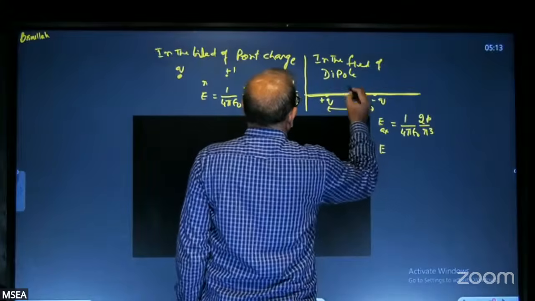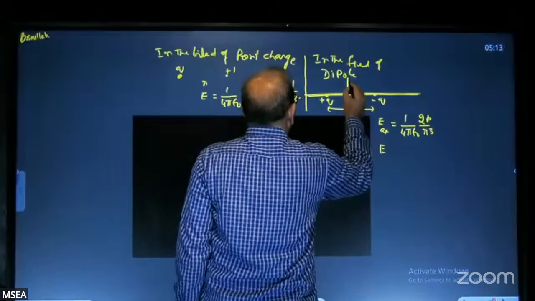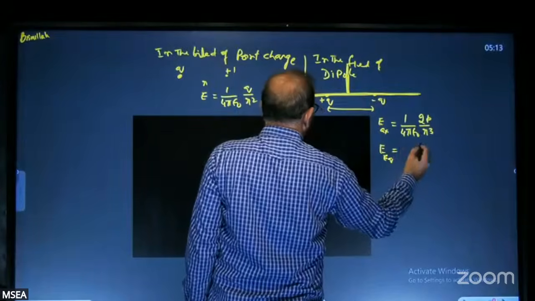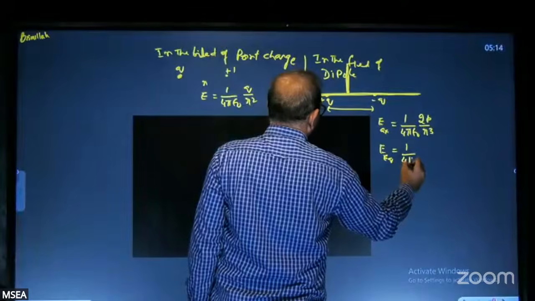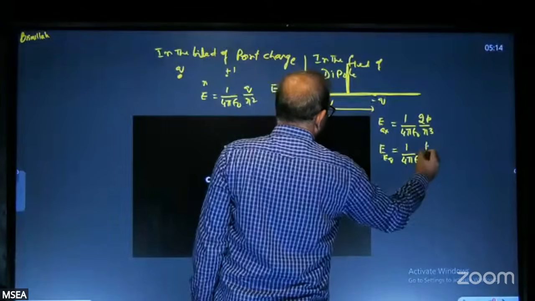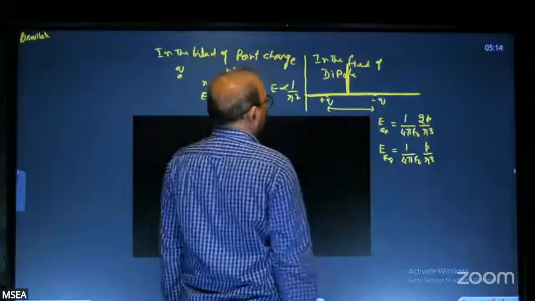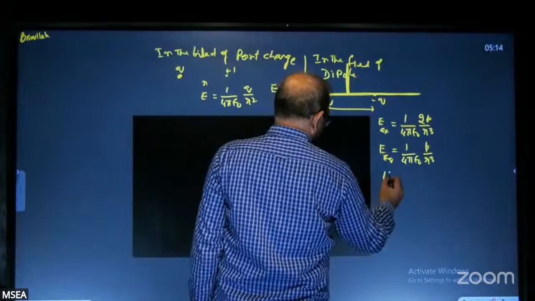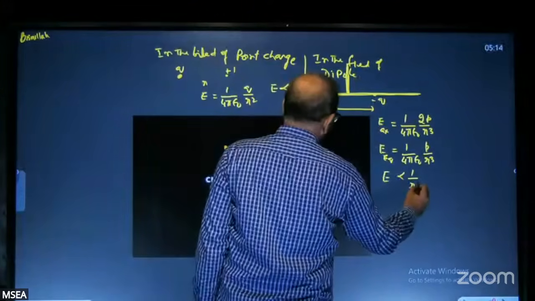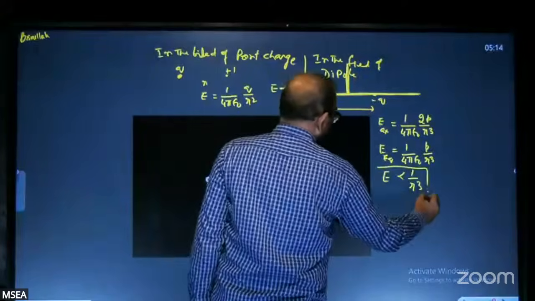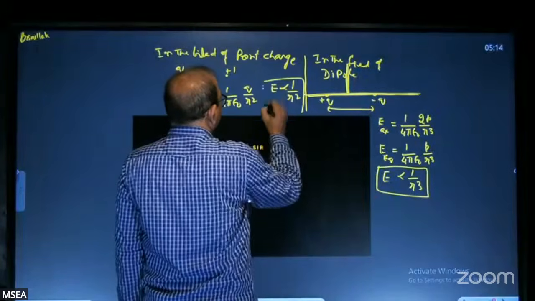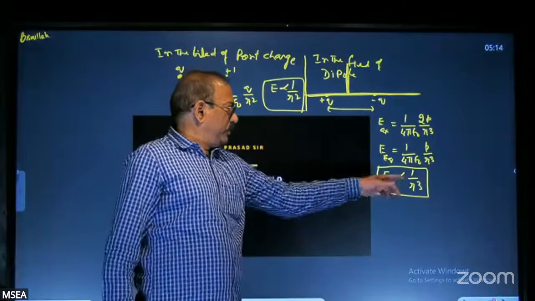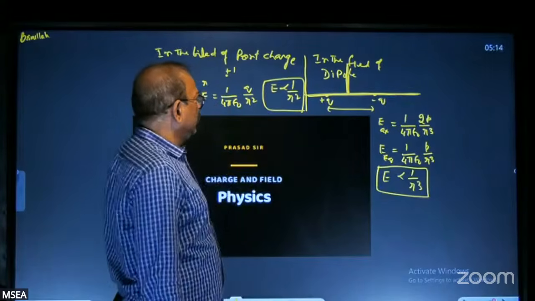Intensity at any point on the equatorial line of the dipole is 1 by 4 pi epsilon naught p by r cube. Intensity in the field of a dipole is inversely proportional to the cube of the distance. In the field of a point charge, inversely proportional to the square of distance. In the field of a dipole, inversely proportional to the cube of distance.